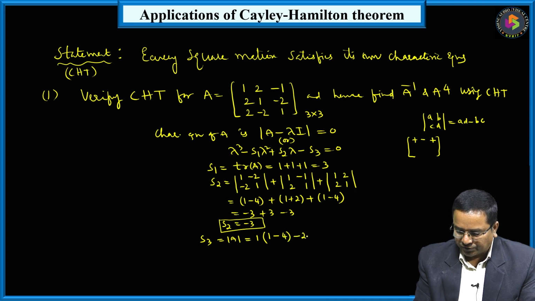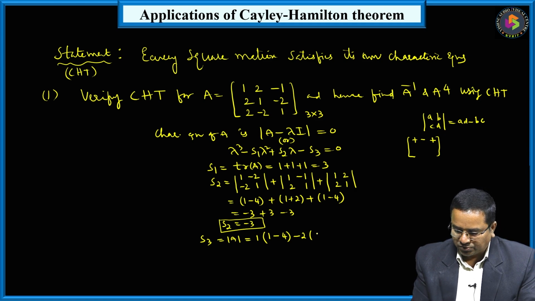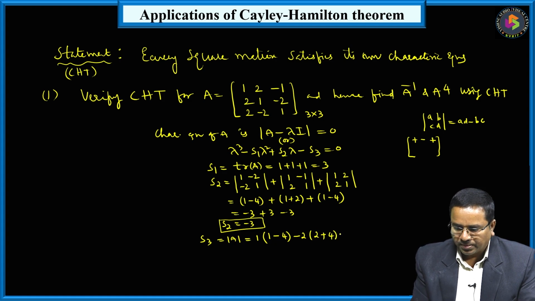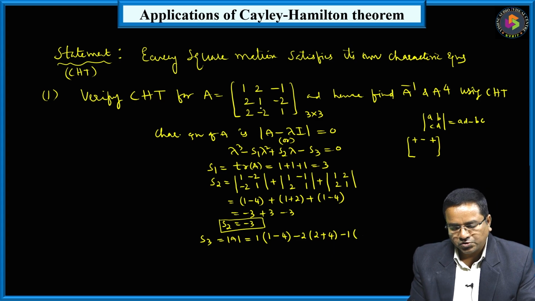Then we have the minus 2; deleting the second row and first column gives 2 plus 4. Then the minus 1, minus 2 times, minus 2 times 2 is minus 4, minus 2.